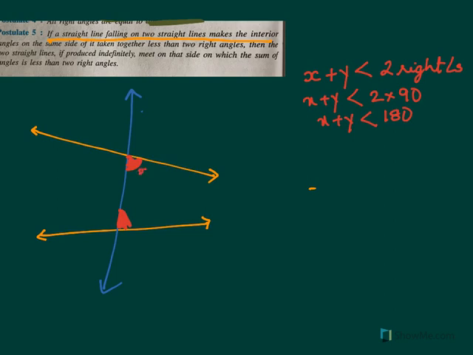So this interior angle is X and this is Y. And they said if X plus Y is less than 2 right angles, 2 into 90, that is, less than 180, then the lines will meet on that side. If I produce these lines further, they will intersect here, they will meet here. This is postulate number 5.